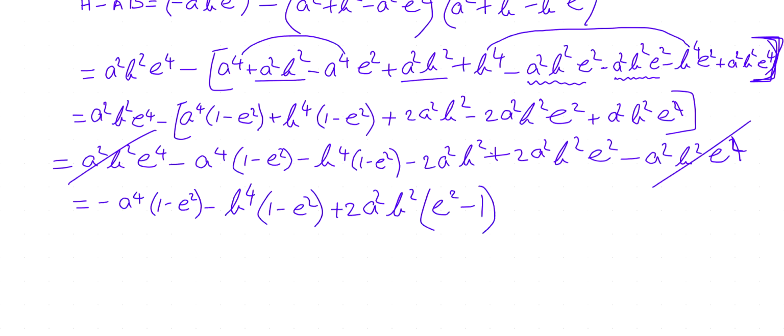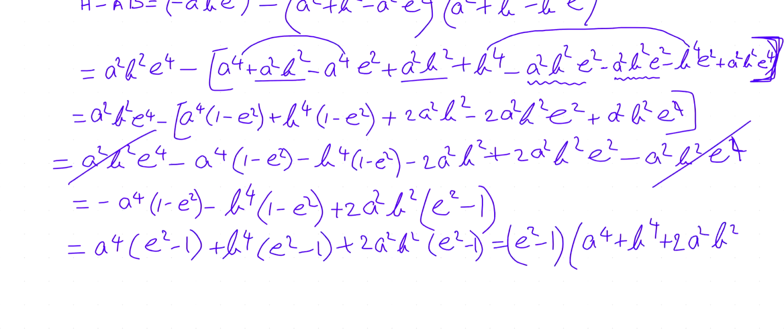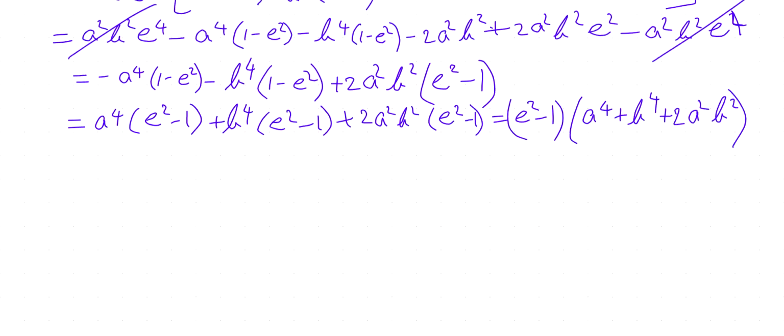Now take minus inside, so A to the power 4 times E square minus 1 plus B to the power 4 times E square minus 1, and plus 2A square B square times E square minus 1. It is E square minus 1 times A to the power 4 plus B to the power 4 plus 2A square B square.